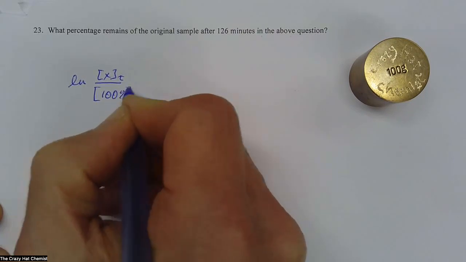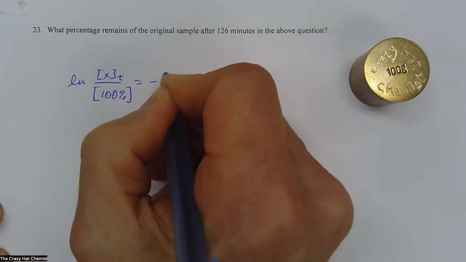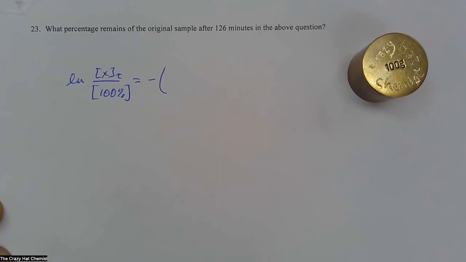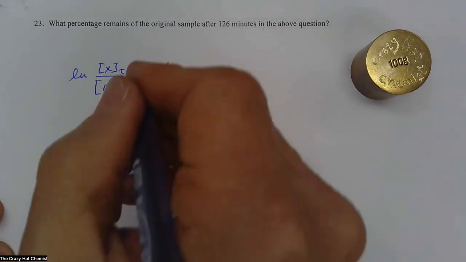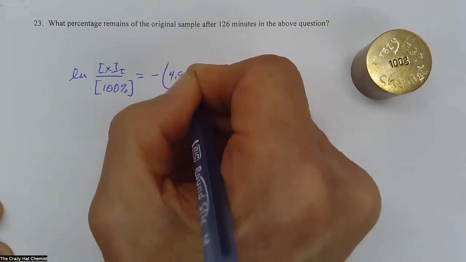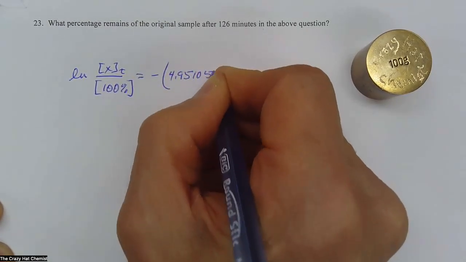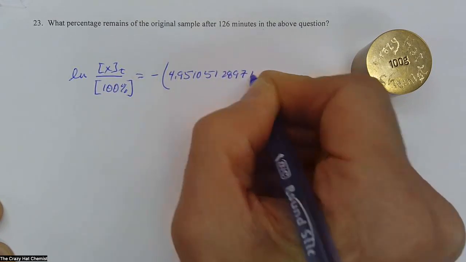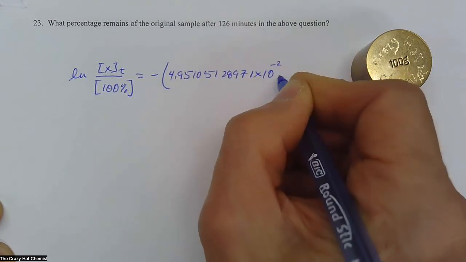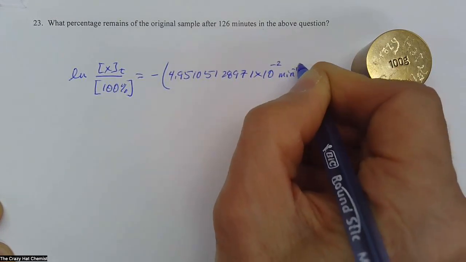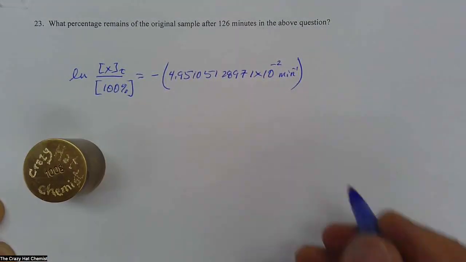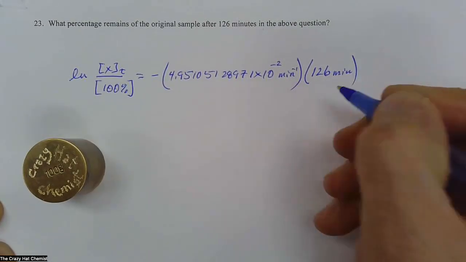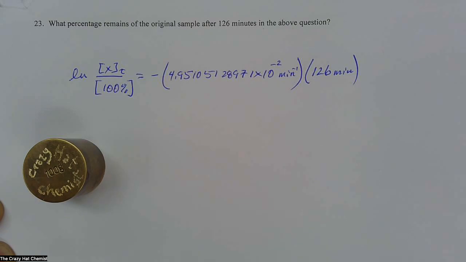So that's what goes there is equal to negative, and we calculated and acquired the k value already. That's 4.95105128971 times 10 to the negative 2 per minute. And we also determined the 126 minutes, and that was the amount of time in total.